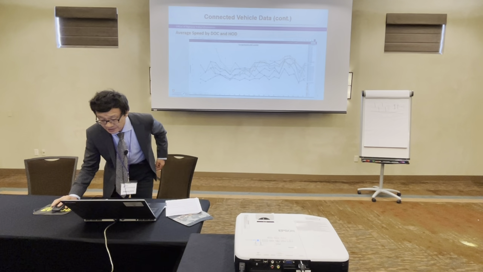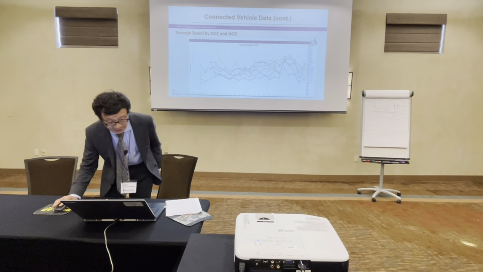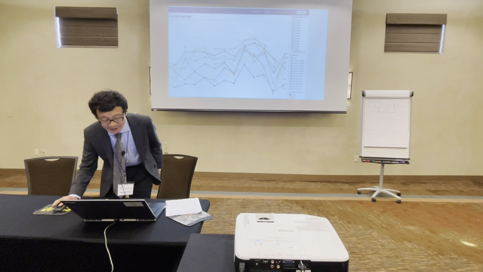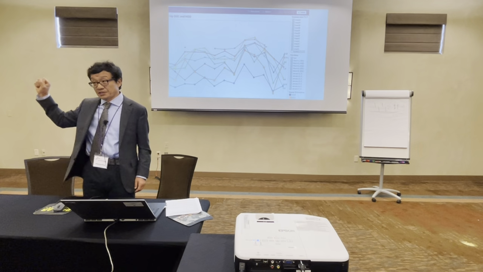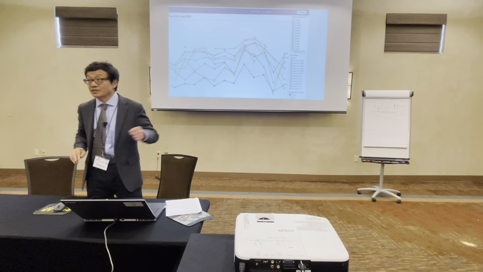Similarly, we can show the average speed grouped by different degree of curvatures and the hours of the day. Let me zoom in so we can understand the options we could have. And for example, you can pick a roadside unit. I want to see Florida's this particular location rather than Wyoming's.